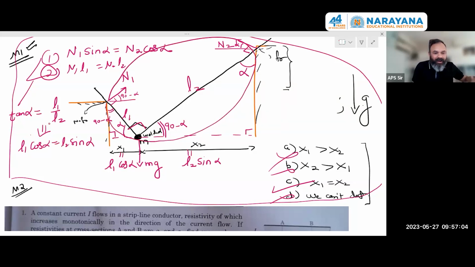And out of all the possible circles, our guy will always take the position which is the least potential energy position. So it will go to the bottommost point, the point where the tangent is horizontal. And when it attains that bottommost position, that is only possible if x1 is equal to x2.